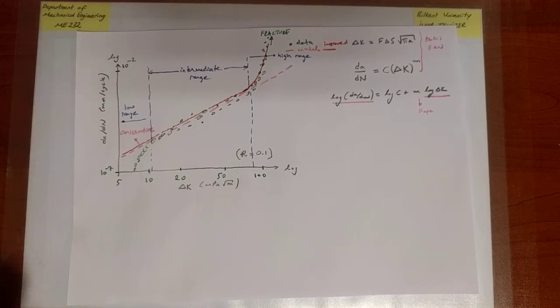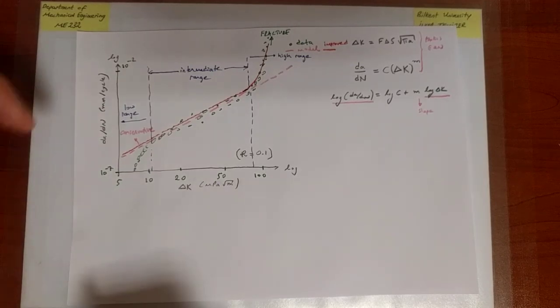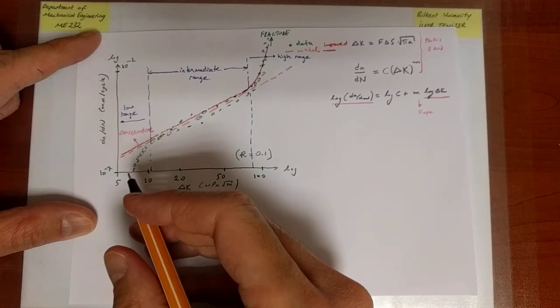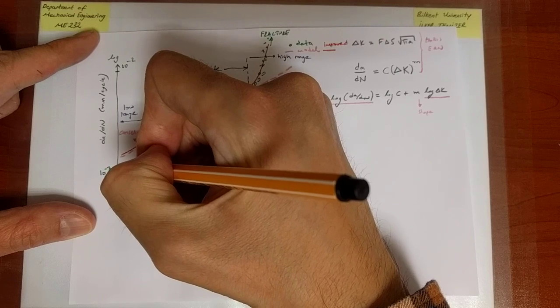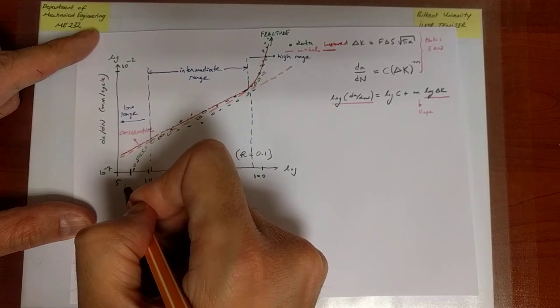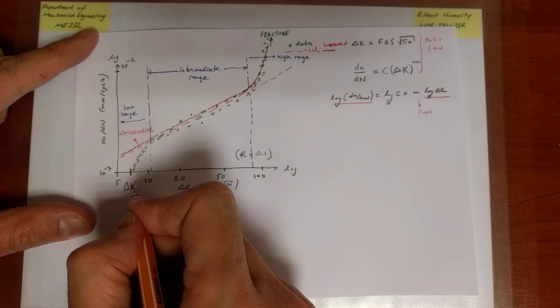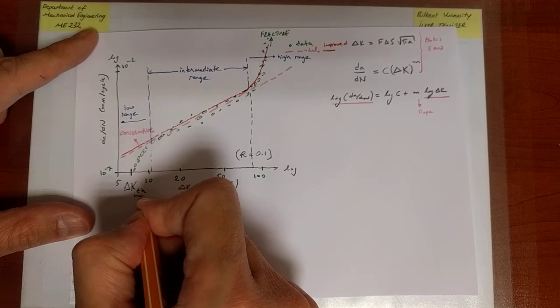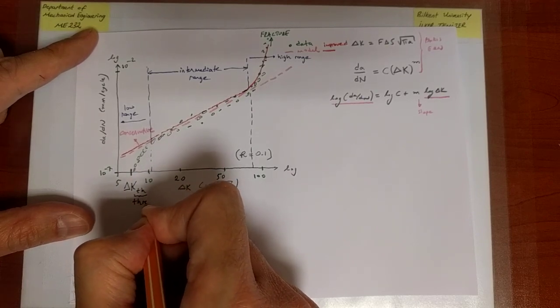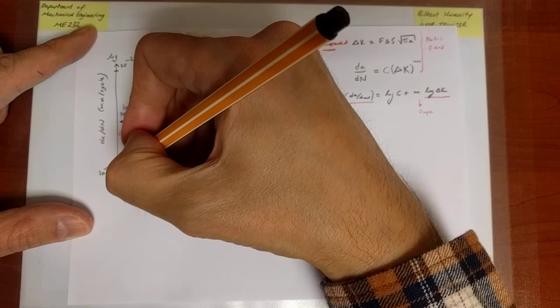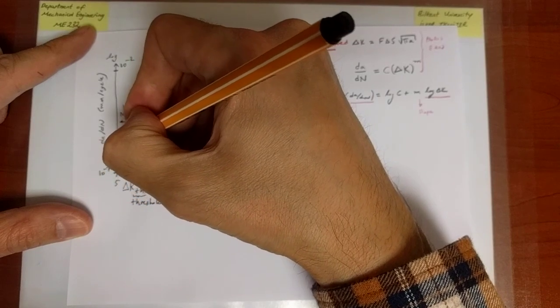Now, finally, there is one additional piece of information that we have from the physics of crack growth. There actually exists a certain delta K value, let's call it delta K TH, where TH stands for threshold, below which the crack growth rate is 0.